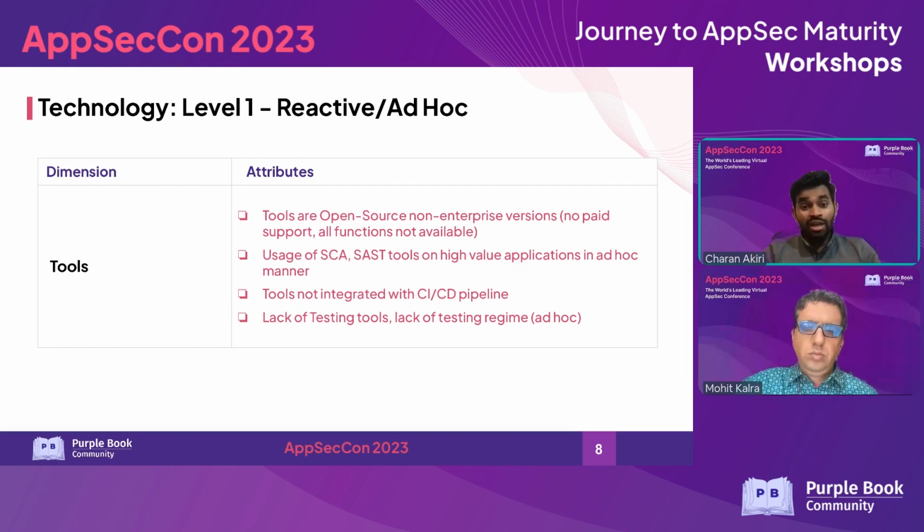They won't go for other tools like DAST or pen testing tools. Plus, all of these tools are mostly not integrated into CI/CD, so there won't be any kind of testing regimen. Maybe if an audit is happening, or they are going for some kind of cyber security certification, they want to get visibility at that time only. Generally, security engineers or some kind of security analyst will try to run these tools and get some basic visibility out of that.